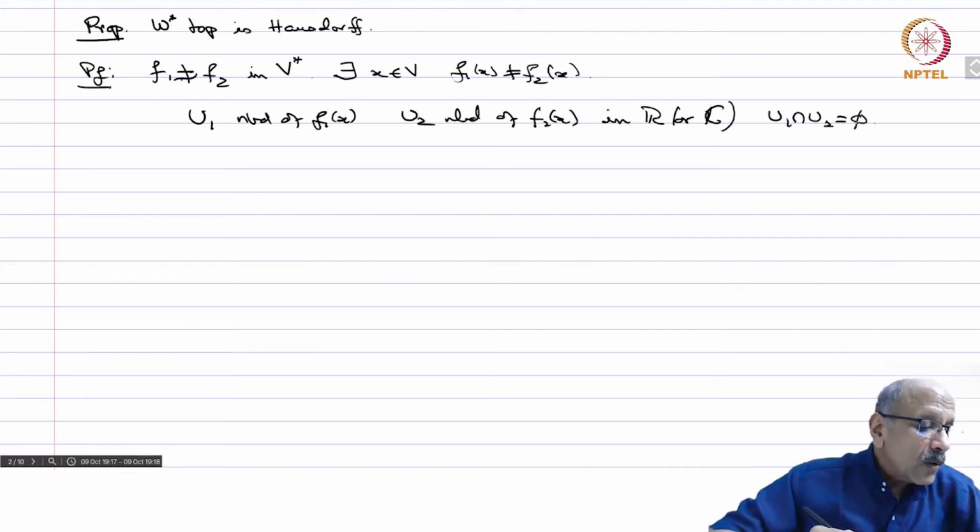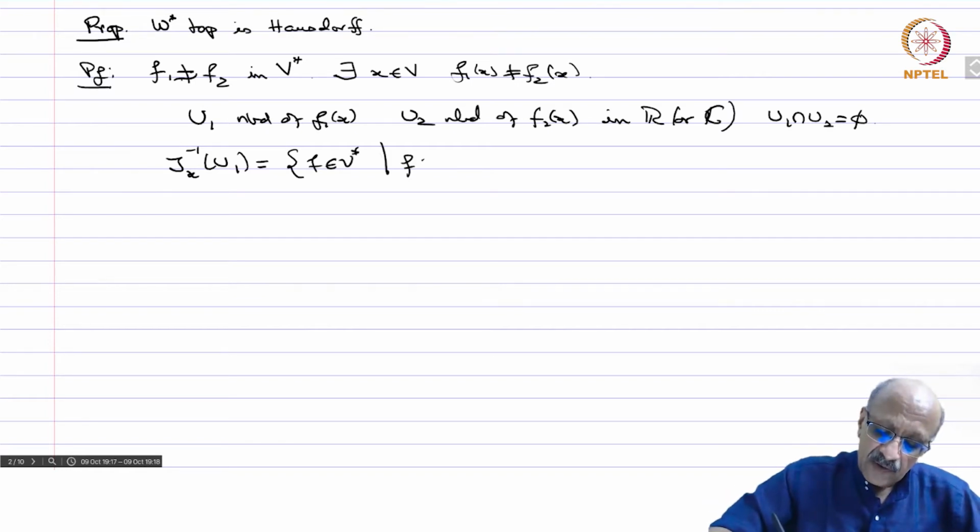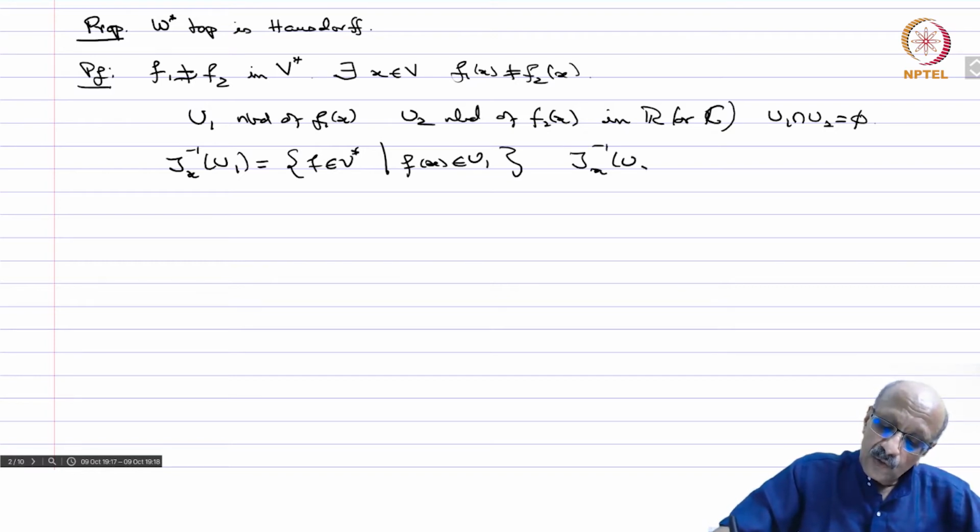So now you take Jx inverse of U1. This is the set of all f in V star such that f of x belongs to U1, and Jx inverse of U2 is the set of all f in V star such that f(x) is in U2.